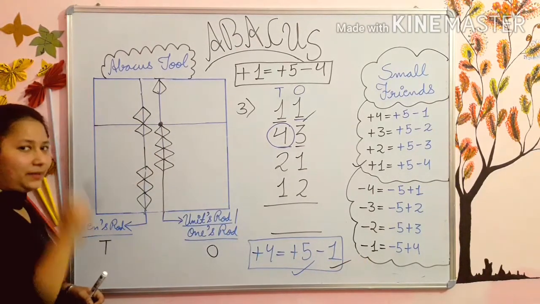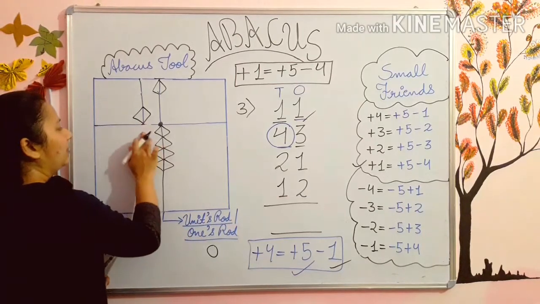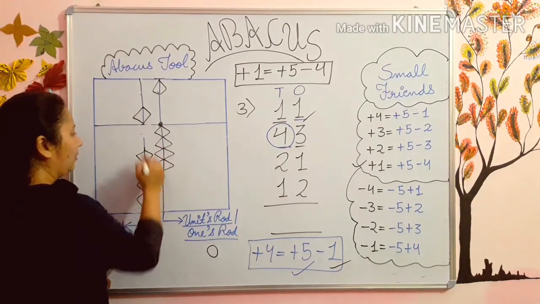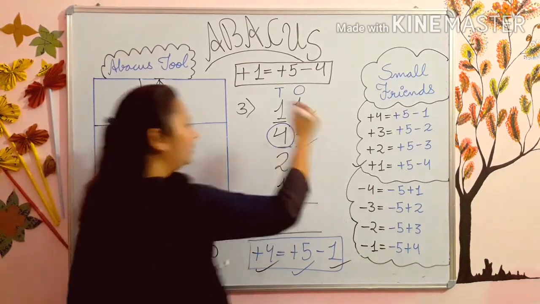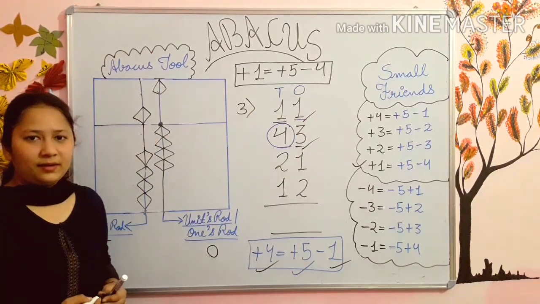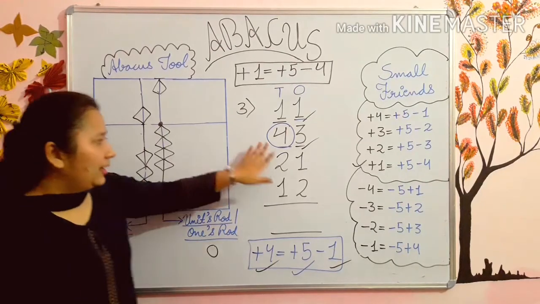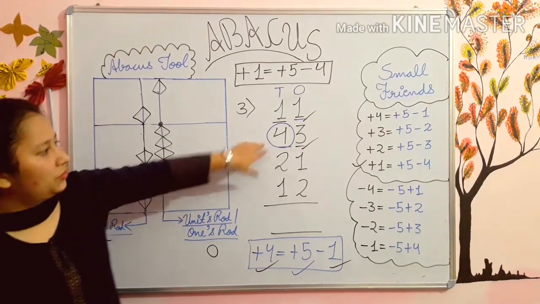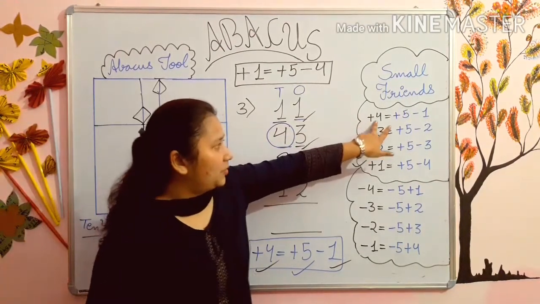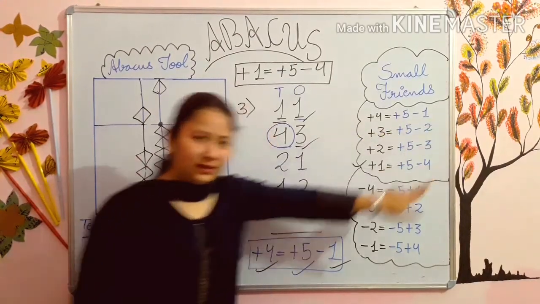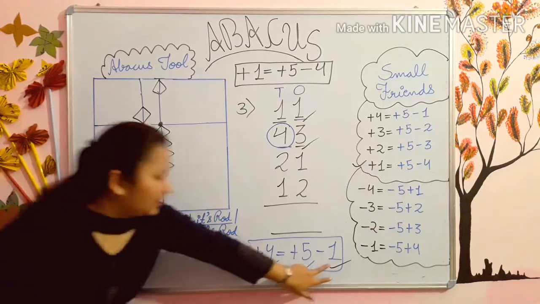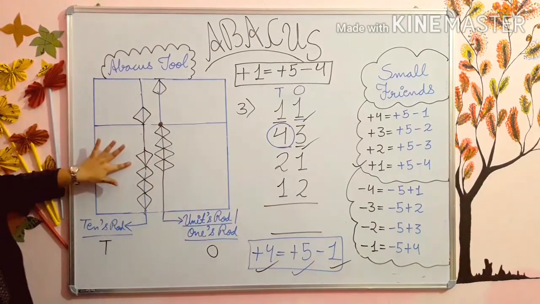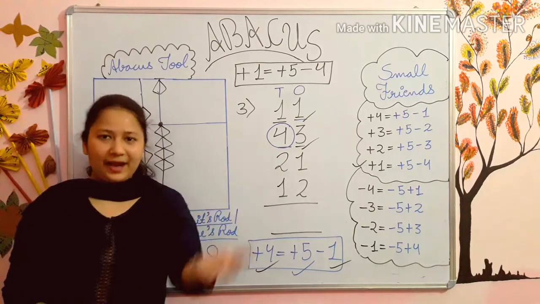Minus 1 means put the bead down. And your 4 is added. Done. See? We got lack of bead of 4. We have used our old formula +4 is equals to +5 minus 1. We have added 5, then minus 1. And our 4 is added.